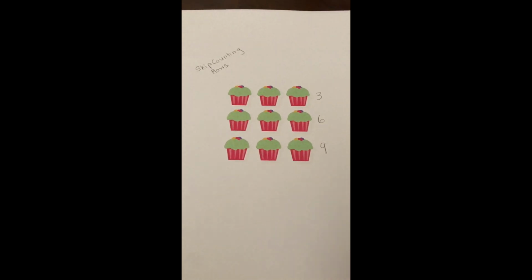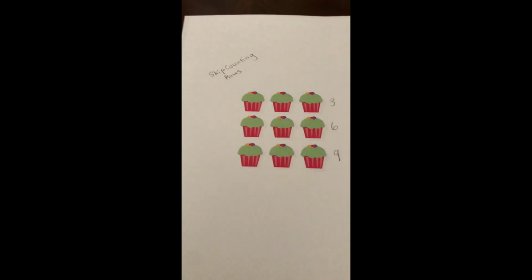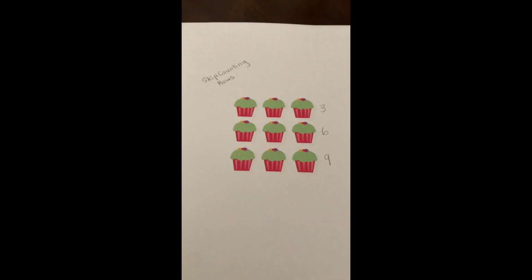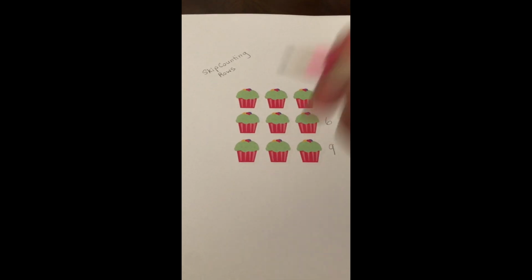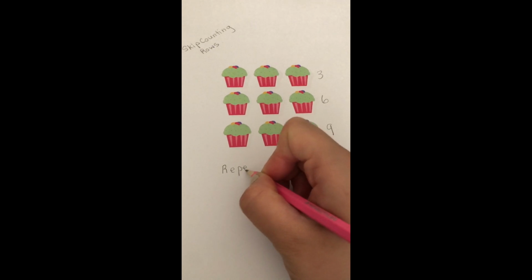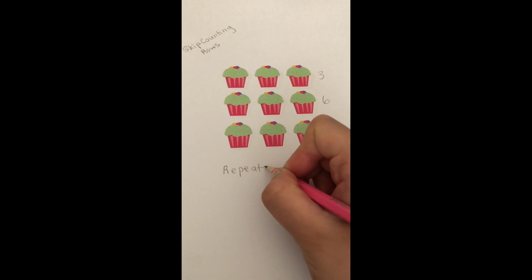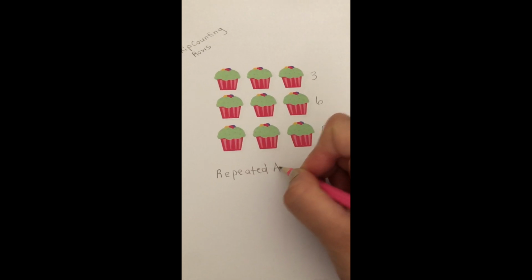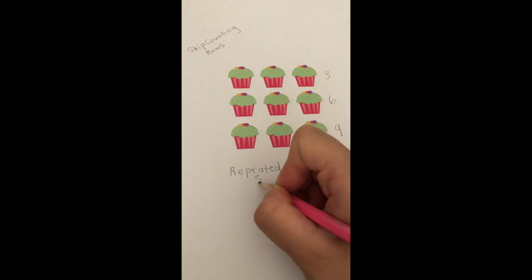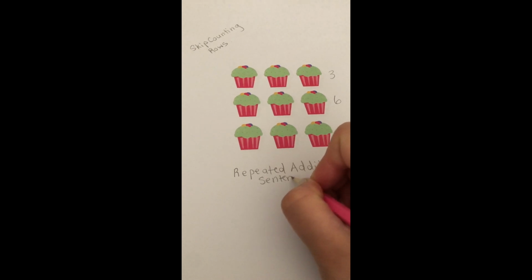I'm going to show an additional step if you would like a challenge for yourself today. You do not have to do this part of the activity. But if you would like an extra challenge, you can create a repeated addition sentence. So it's called a repeated addition sentence, and this would represent the picture.